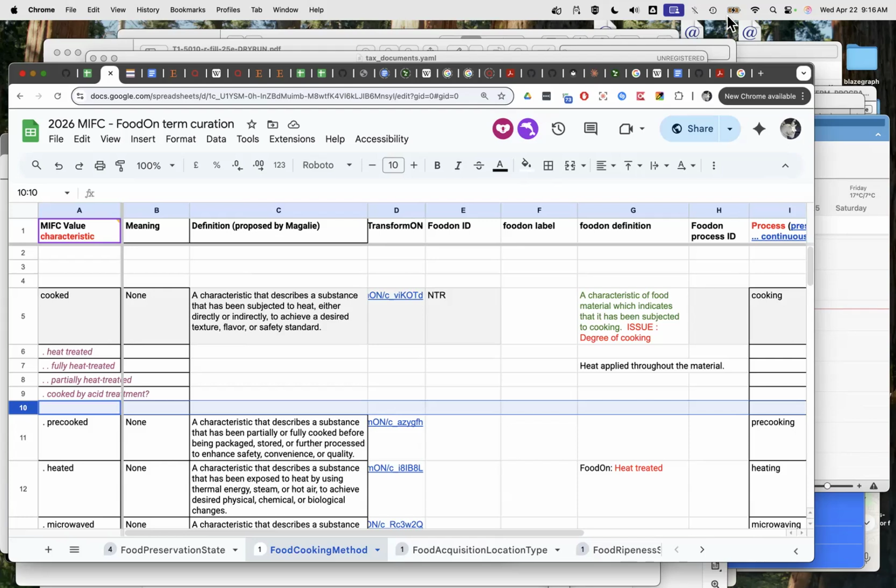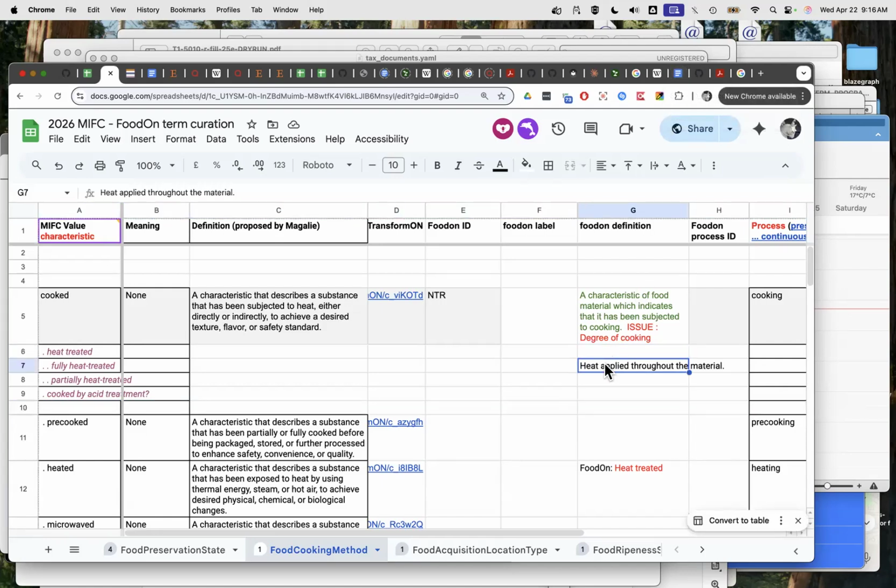I'm just trying to see how heat treated would work. I'd like to propose that we can say a cold supply or heat supply is a thermal treatment. Heat is always positive, I see. You're thinking of increasing the temperature. Yes, okay.